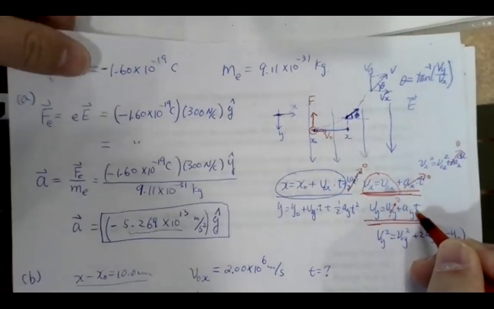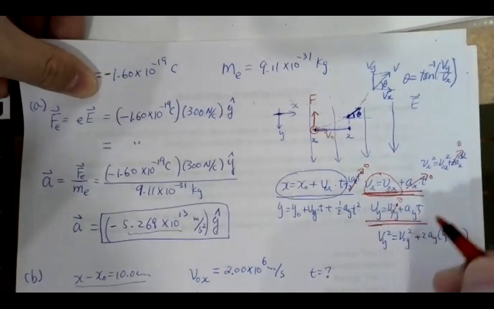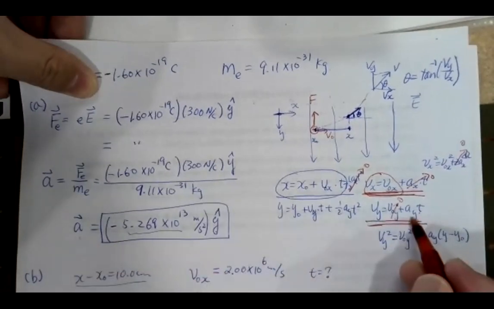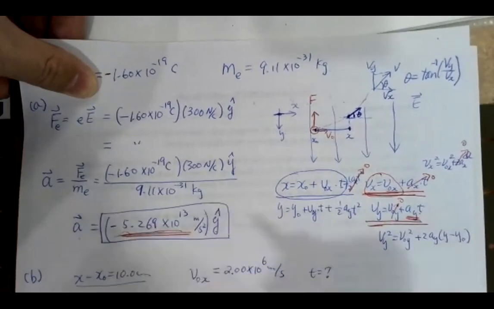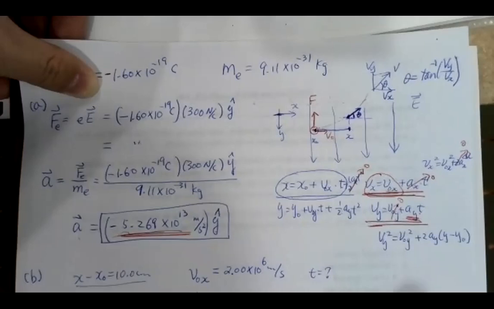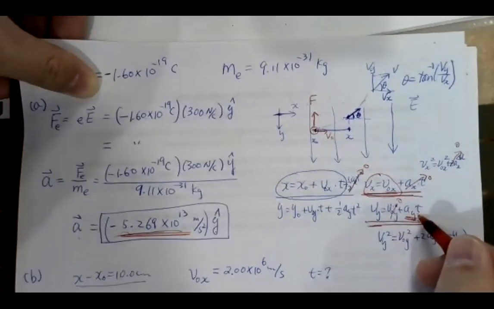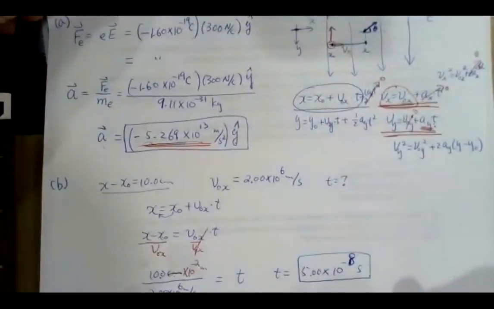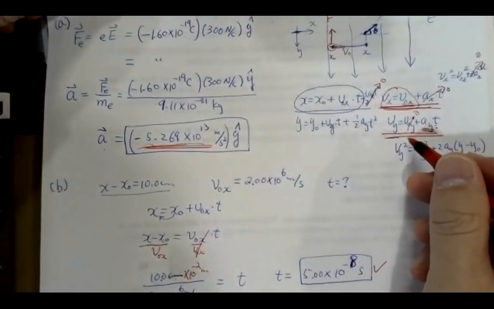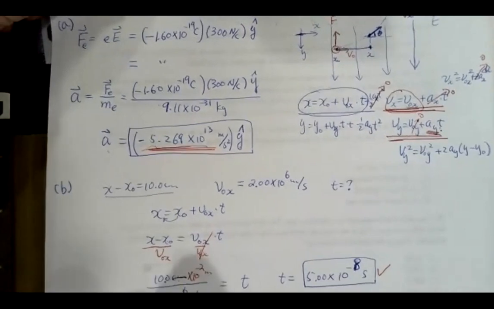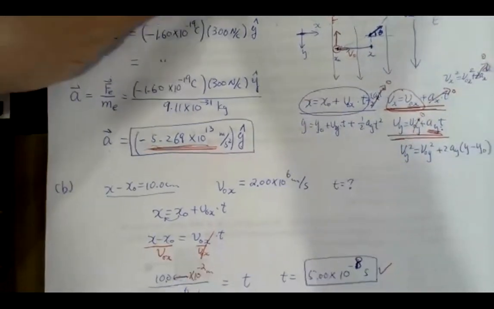The acceleration of the electron is purely in the y direction, so your ay should be equal to this. That's your ay. Now you have t from part B, so you can solve for your Vy. So for part C, you want to solve for Vy first.